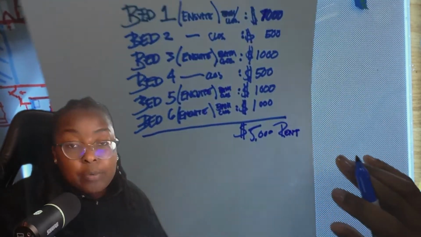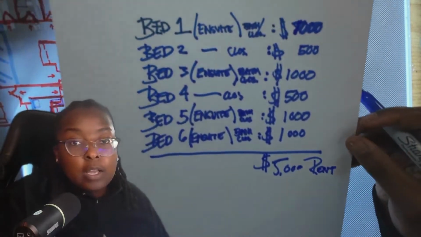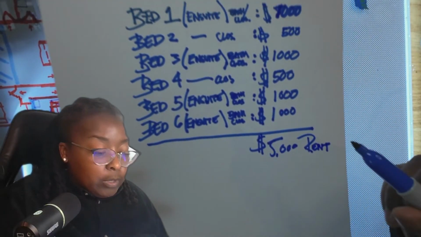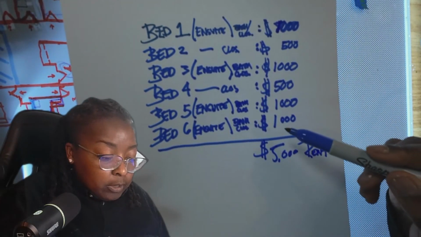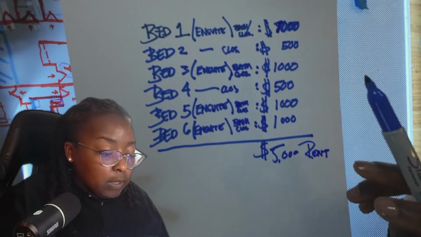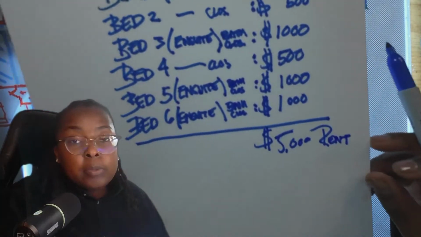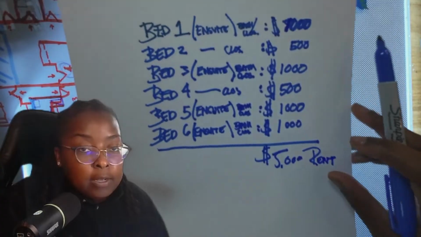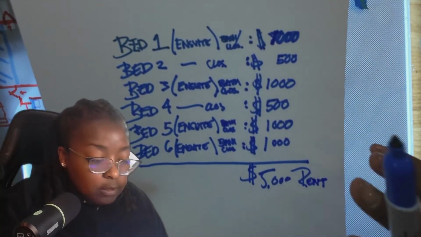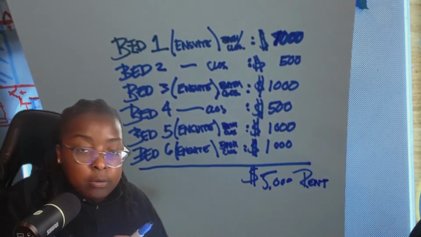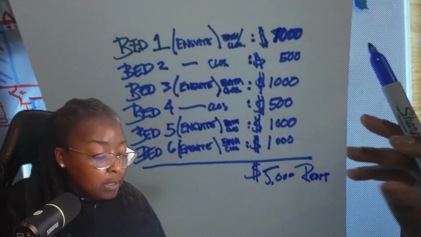And then times 12, you get your yearly, and then voila. What I love about this, let me make sure I got that right. 1, 2, 3, 4, 5. So what I love about this is it's simple math. It's not like by zip code or anything, just simple math.